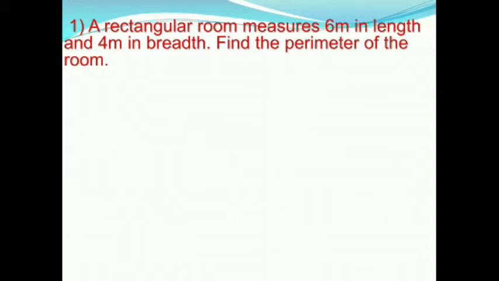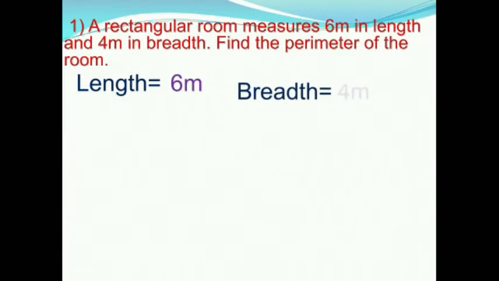What is the length of the room? Yes, it is 6 meter. What is the breadth of the room? Yes, it is 4 meters. To find out the perimeter of a rectangle, which formula we can use? Yes, it is 2L plus 2B.